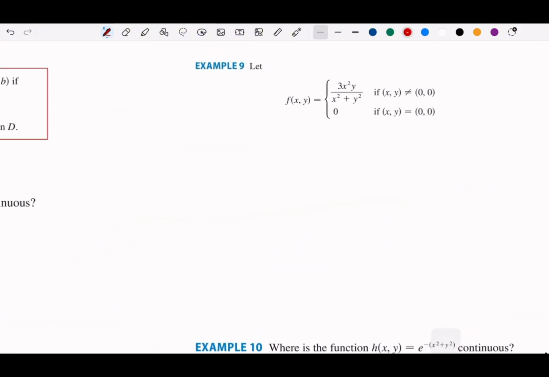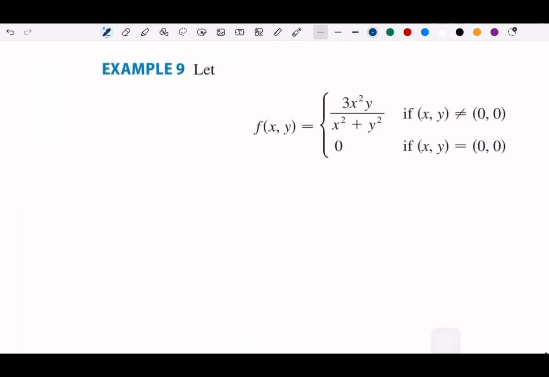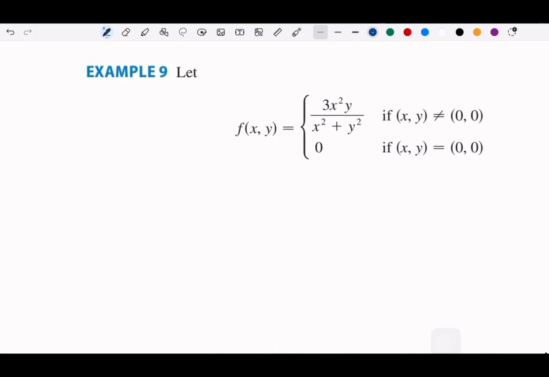Okay, now if you see example 9, we could check the limit first. Checking the path, we can try y equals 0, we can try x equals 0, we can try y equals x, and perhaps also y equals x squared.